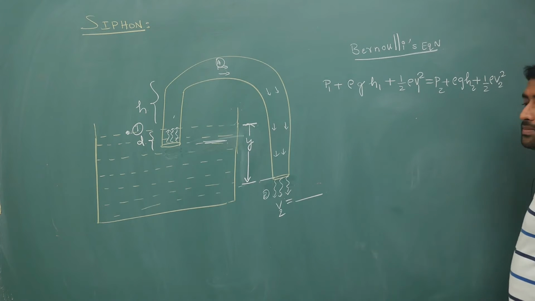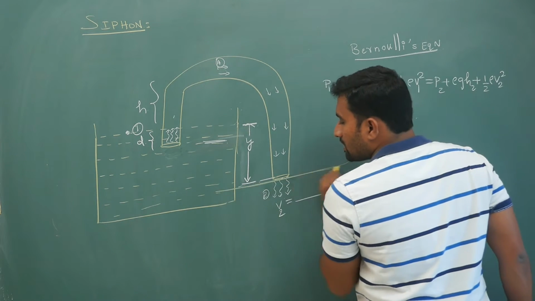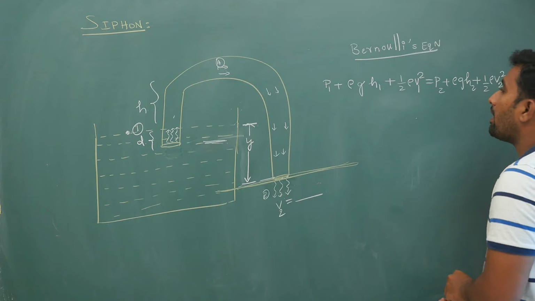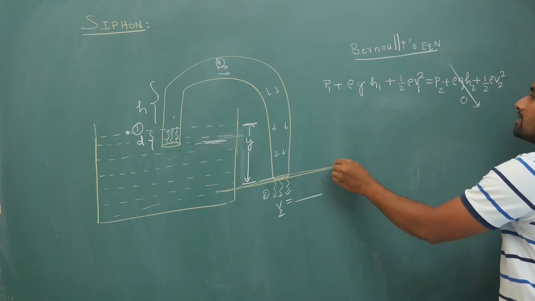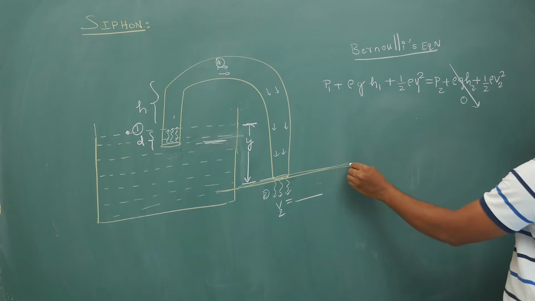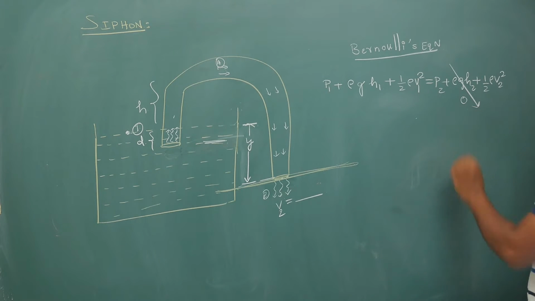I am applying Bernoulli's equation between these 2 points. Now if I assume this as my reference level, then rho g h2 is 0, because point 2 is at ground level. I am assuming the potential energy reference level to be 0, so this will become 0.